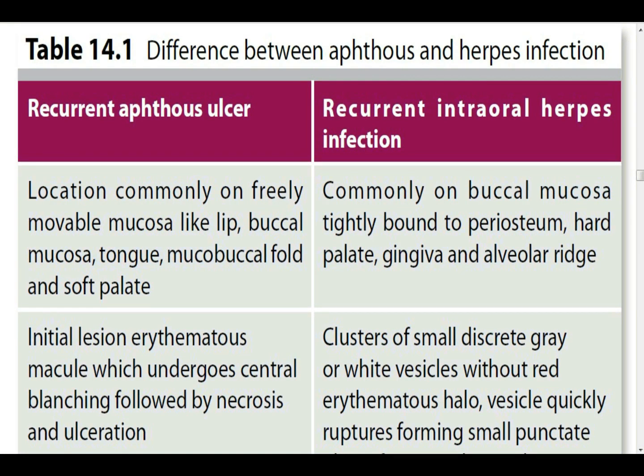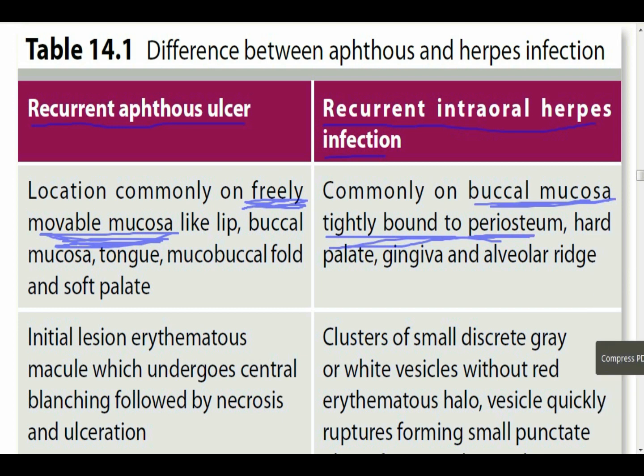Now let us discuss the difference between recurrent aphthous ulcer and recurrent intraoral herpes infection. The recurrent aphthous ulcers are located commonly on the freely movable mucosa, that is lip, buccal mucosa, tongue, mucobuccal fold, and soft palate, whereas herpes is most common on the tightly bound periosteum like hard palate, gingiva, and alveolar ridge.